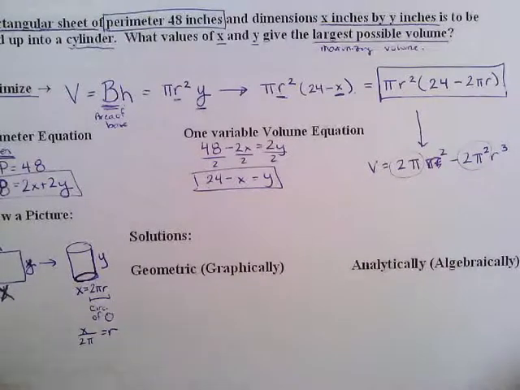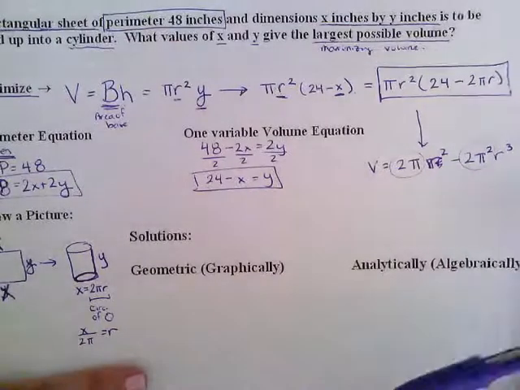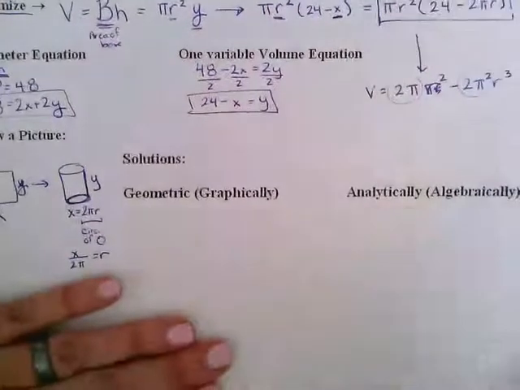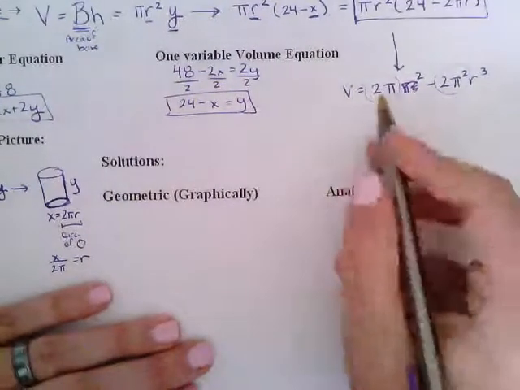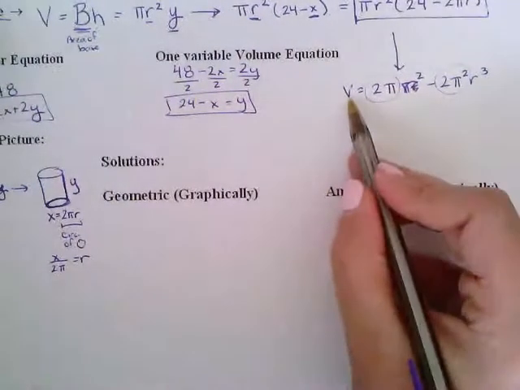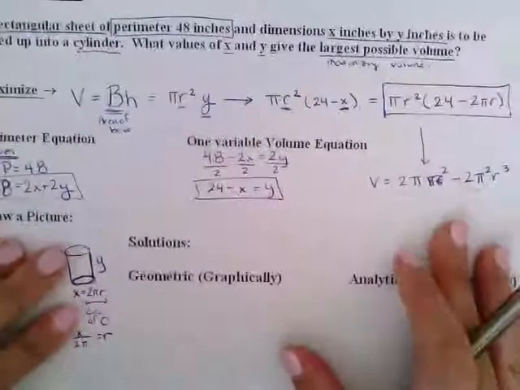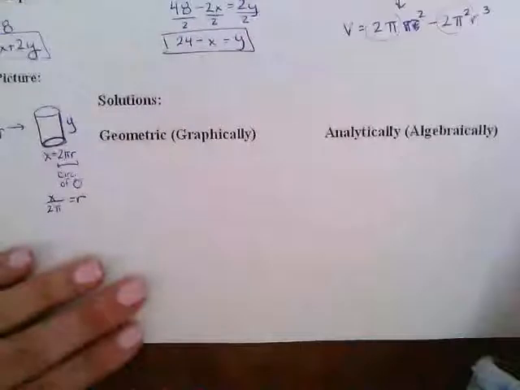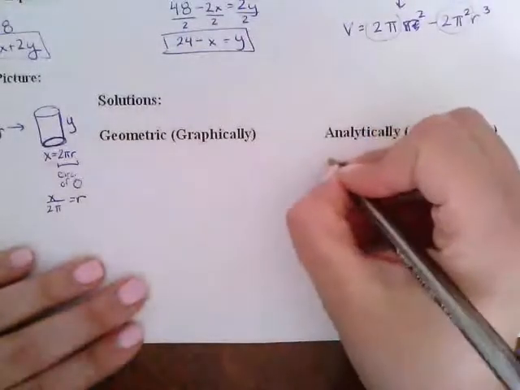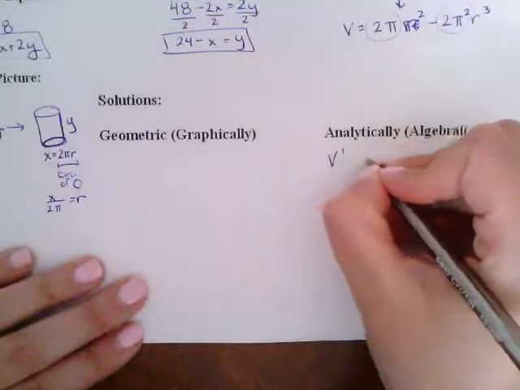Now we start taking the derivative, so let's solve it analytically, algebraically. After we've gotten our maximizing equation in terms of one variable, the remaining step is to get the derivative.